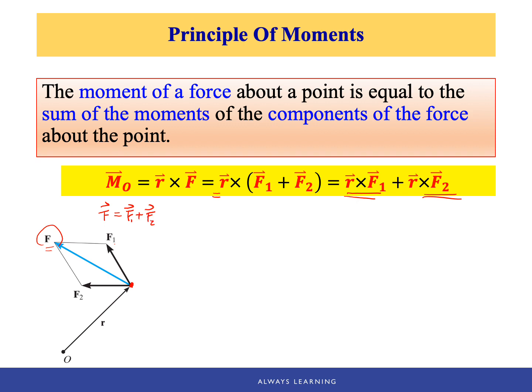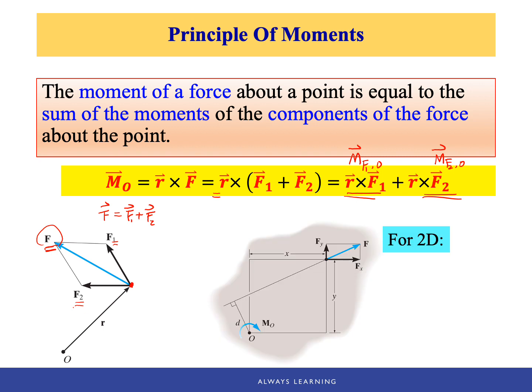Then the moment of the force F about the point O is equal to the moment of force F2 about point O plus the moment of force F1 about point O. So over here, this is the moment of F1 about point O, and here is the moment of F2 about point O. And then we can perform vector addition.